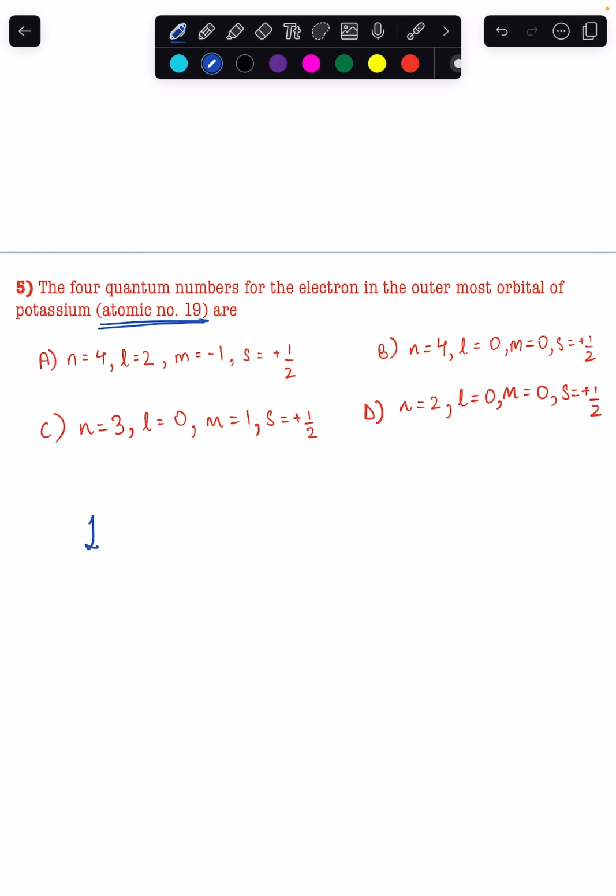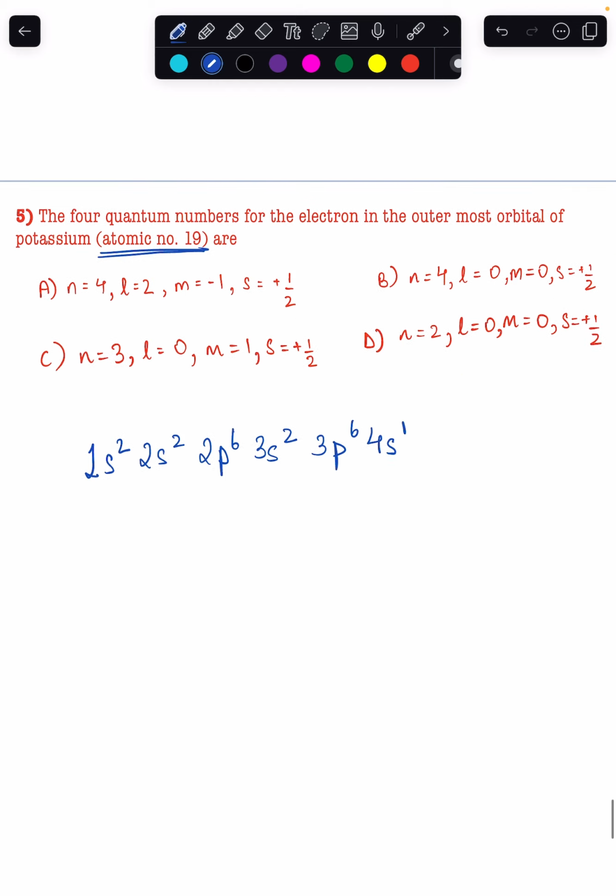So for atomic number 19, we are going to write 1s2, 2s2, 2p6, 3s2, 3p6, and 4s1. Let's count: 4, 10, 12, 18, and 4s1. Sorry, it's 4s1, not 3d1.